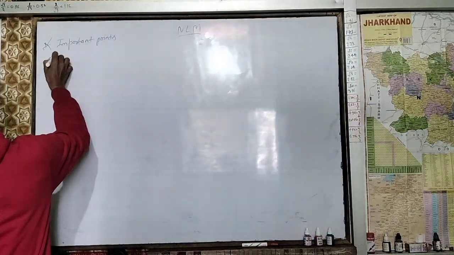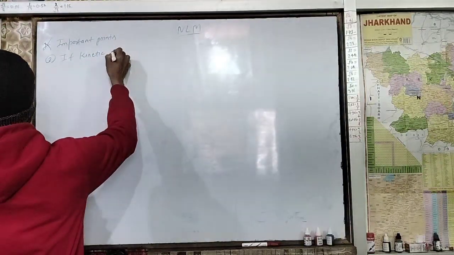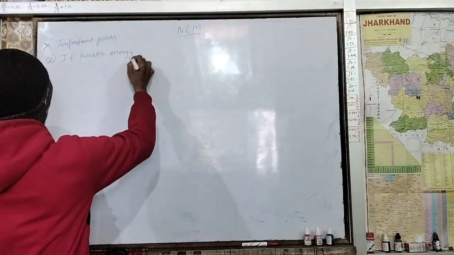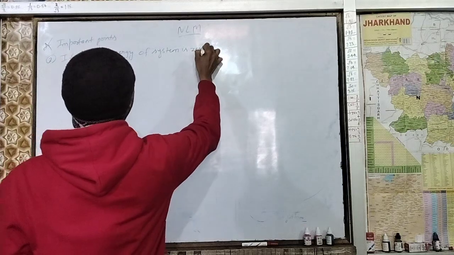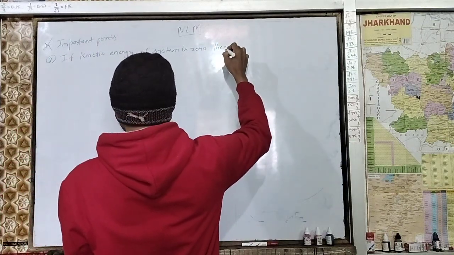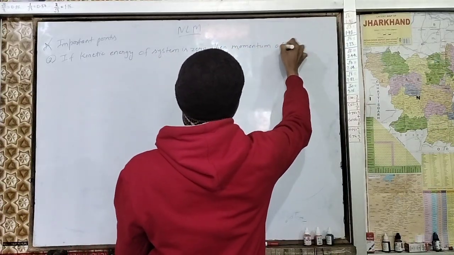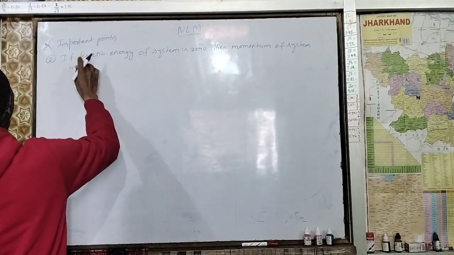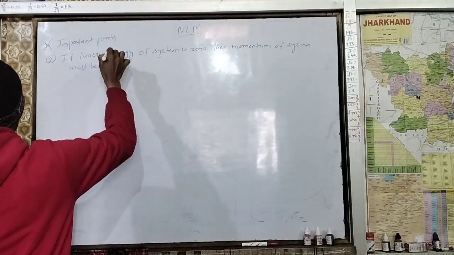Next, second: if the kinetic energy of a system is 0, then the momentum of the system must be 0.